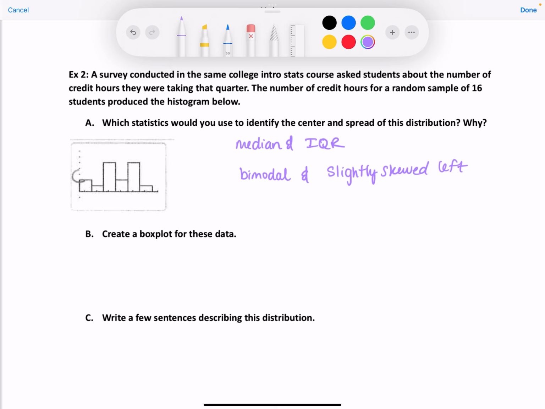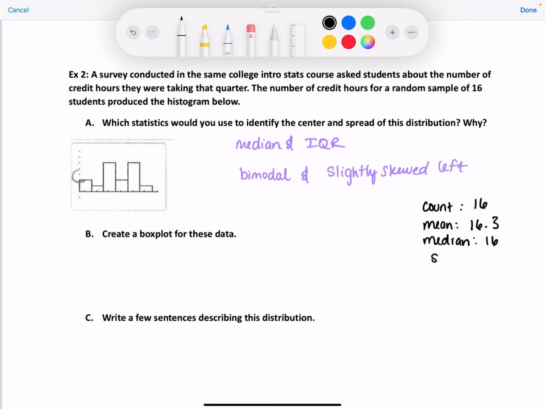I guess there's some information that didn't get given to you on here either, so I shall give it to you now. The count is, well, we know there were 16 students, so that's where the count is coming from. The mean number of hours, this would have all been given to you, 16.3. Median is 16.